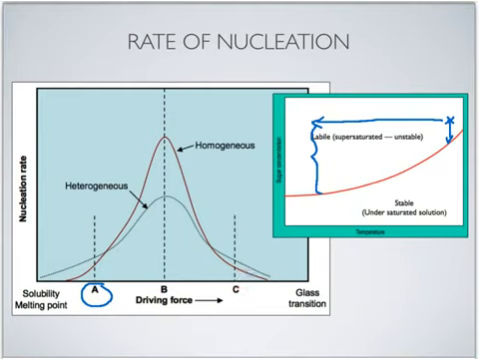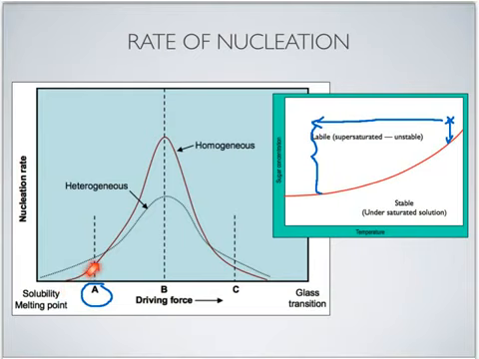This diagram also shows a comparison of the relative rates of nucleation for homogeneous versus heterogeneous nucleation. So as you can see, the homogeneous nucleation does not begin until some reasonably high driving force or the critical supersaturation is attained.